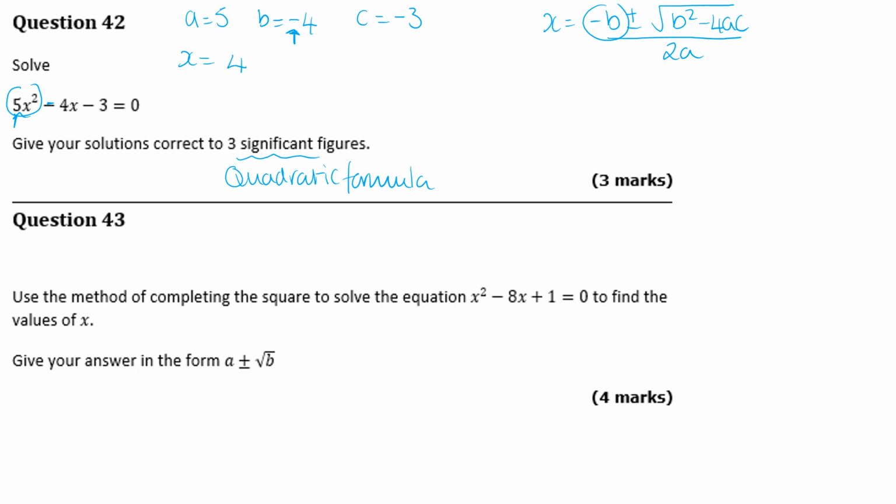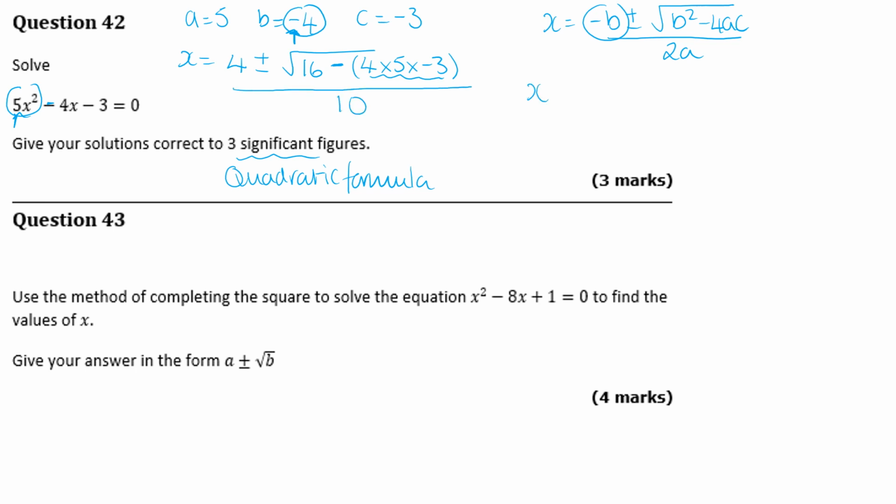So that's going to be 4 plus or minus the square root of b squared, minus 4 squared, which is plus 16, minus, and then put the 4ac in brackets, so it's 4 times 5 times minus 3, because when you times them together, that's going to give you a minus, and then with that minus in the middle, minus minus is going to make a plus, all over 2a, which is 10.